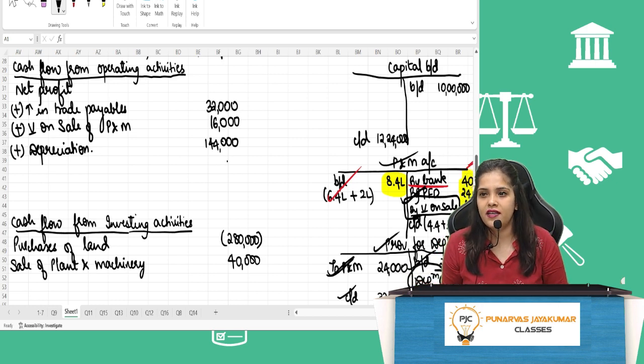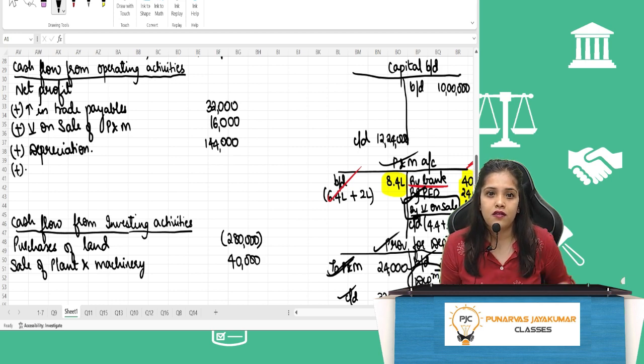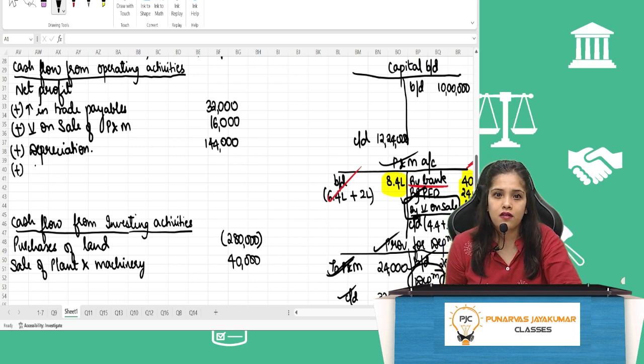Chalo, inventories. There is a decrease of, will add. Speak, beta.